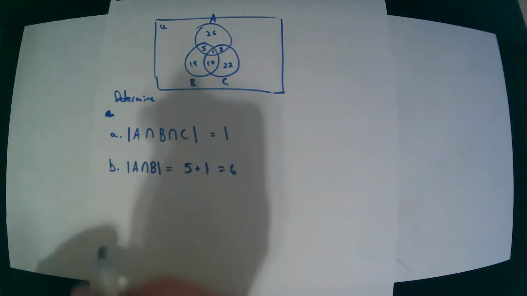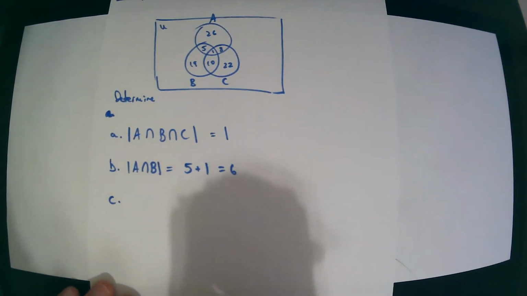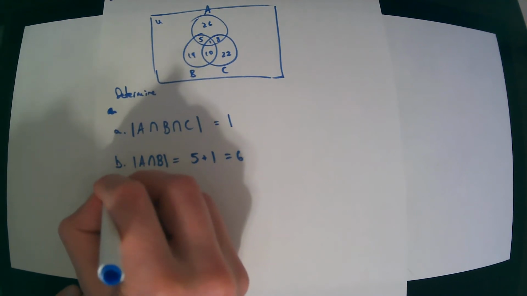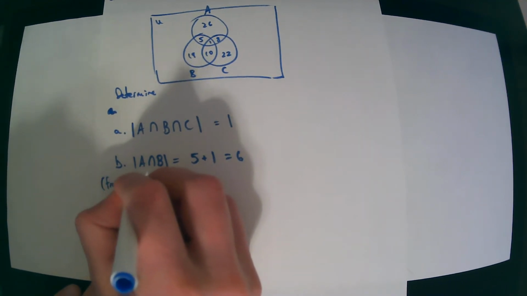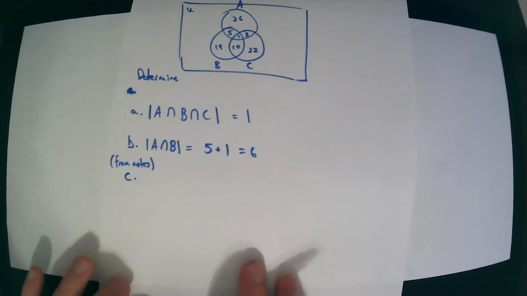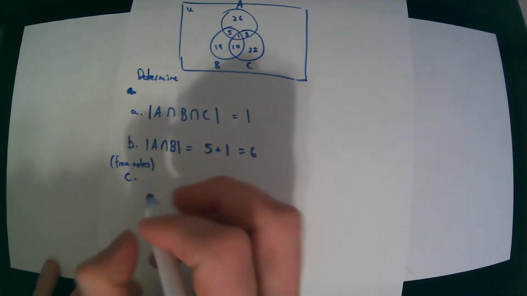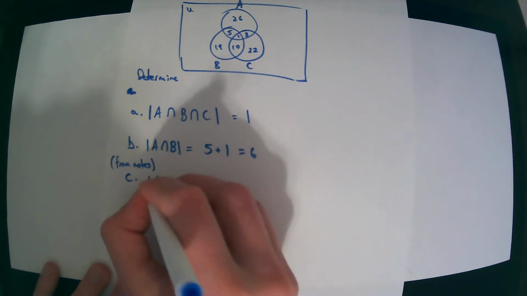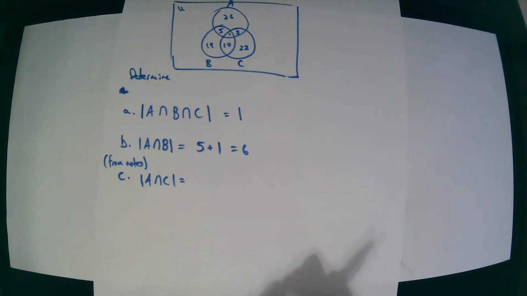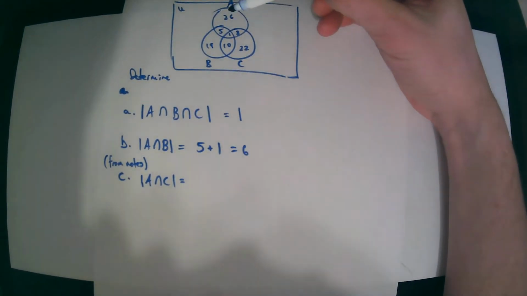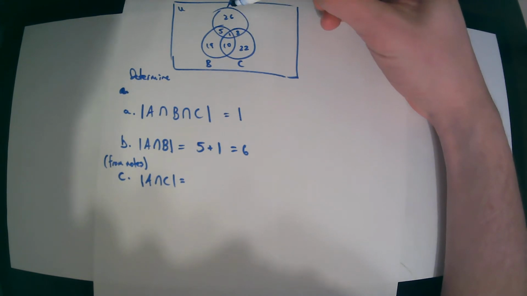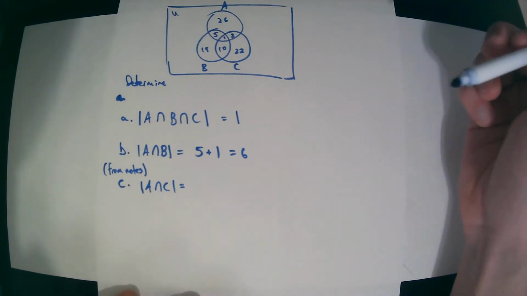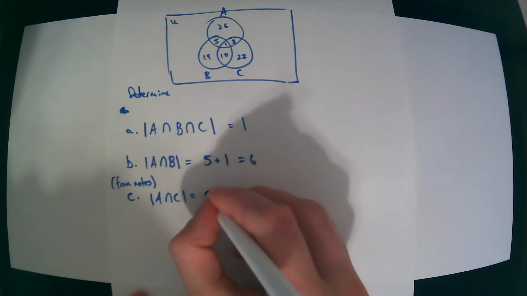Okay. And C, from the lecture notes. This point on is from notes. A intersect C. Well, we want to look at the numbers that are in A and C simultaneously. That's the 1 and the 8.